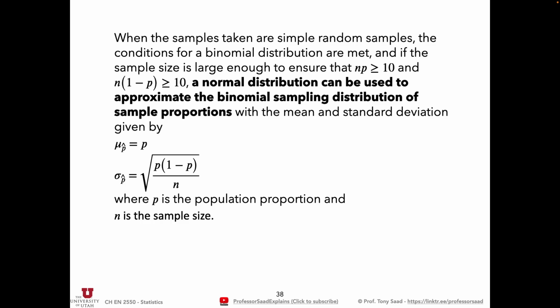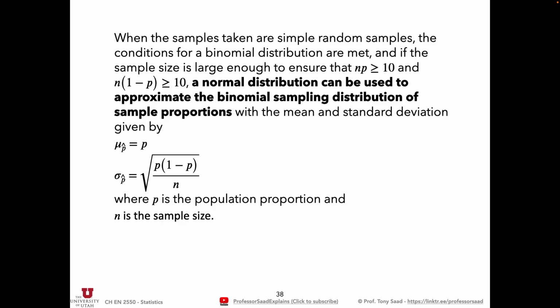With the original CLT, the sampling distribution of sample means follows a normal distribution. With proportions, the sampling distribution of sample proportions follows a binomial distribution, which can be approximated by a normal distribution under these conditions. If you remember what we did when we moved from binomial to normal, these would be the conditions for your normal distribution.